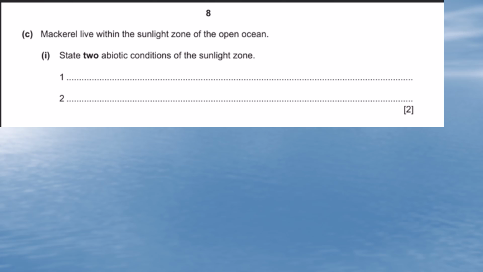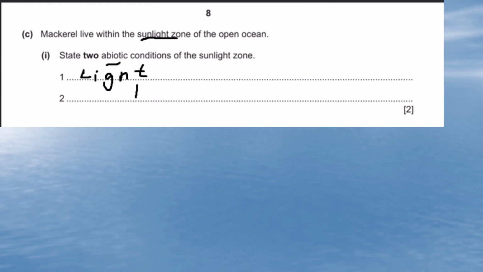We're then told that our mackerel lives in the sunlight zone, which is the upper, lit part of the ocean, and we are asked to talk about two abiotic factors, conditions, of the sunlight zone. And I'll say, of course, the most important one is light. This is the entirety of the sunlight zone, that we are so high up that the visible light still penetrates the ocean.